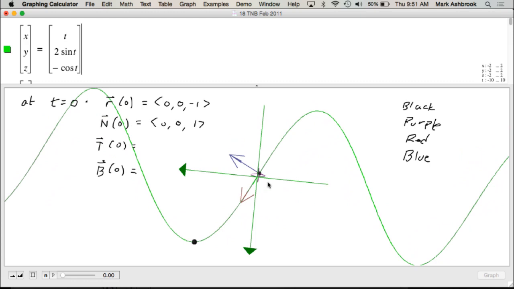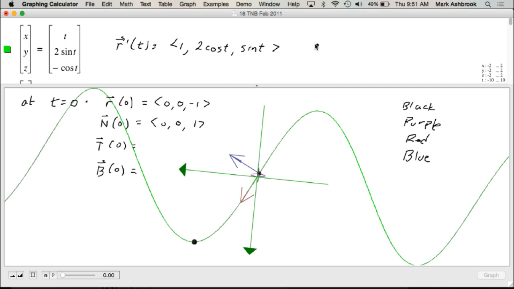I think we're going to have to do a little math here. So how can I find the unit tangent? What should I do? Take the derivative of our vector function, right? And then we need a unit vector in that direction at 0. So r prime is 1, 2 cosine t, and sine t.